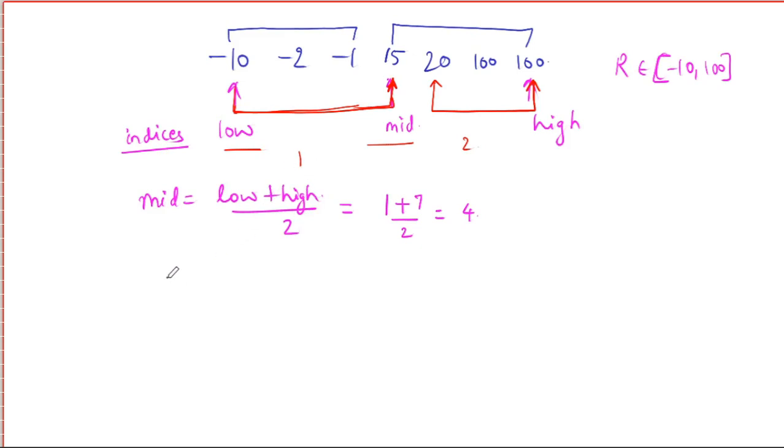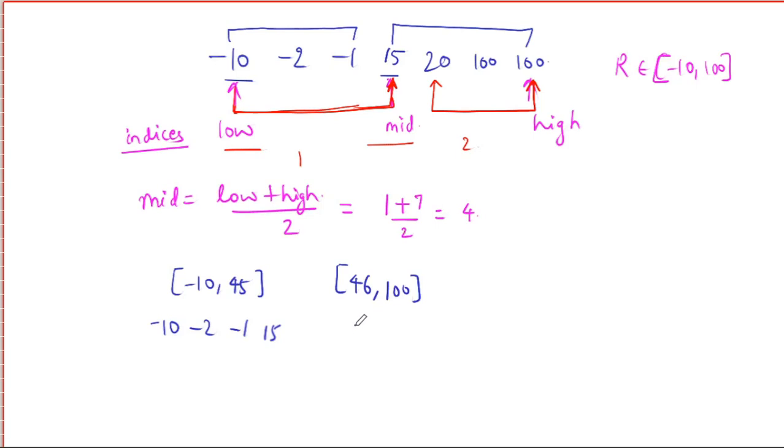So as far as this is concerned, the range was from -10 to 45. Then the second half has the range from 46 to 100. So one can see that -10 to 15 elements have to be present in this half: -10, -2, -1 and 15.